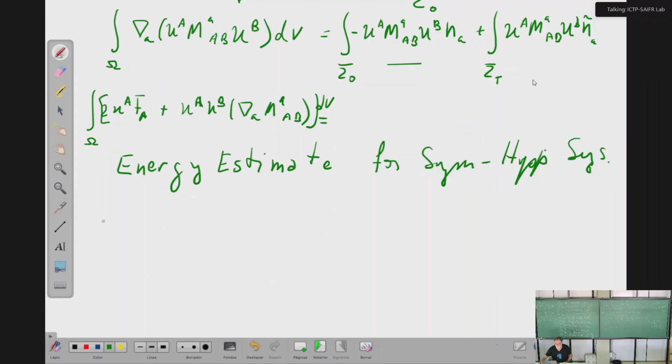So I assume I have initial data, U_A in sigma naught equals some U0_A, one solution, and I have another, suppose sigma naught is the same.